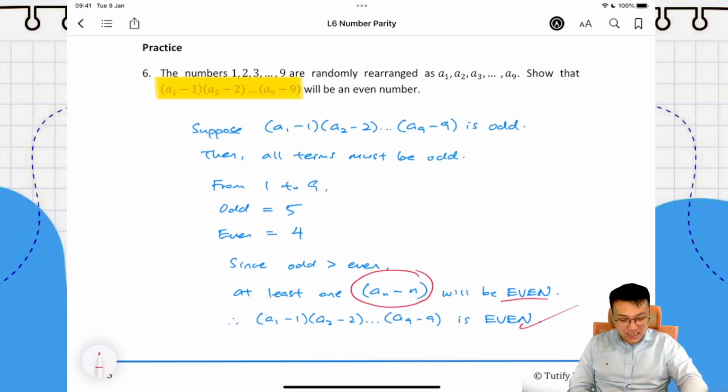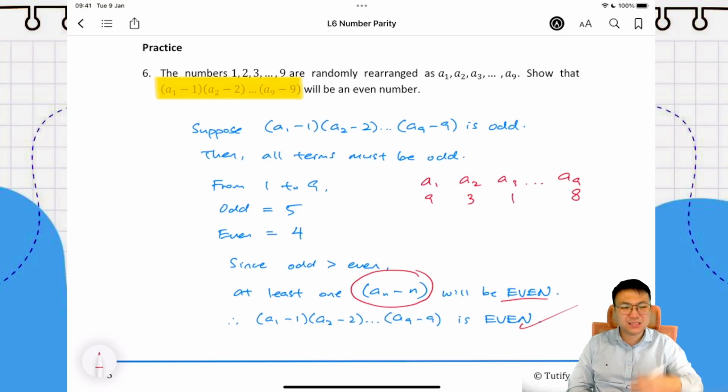Julian is asking, what is this? We are just having some different terms, okay? And we are using 1 to 9, right? So we are saying that maybe A1 equals 9, A2 equals 3, A3 equals 1, A9 equals 8.